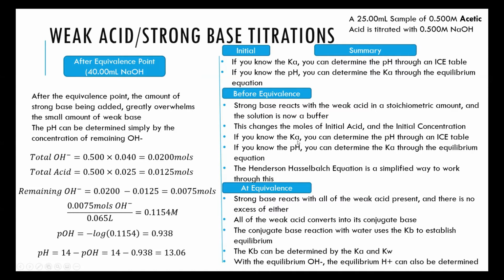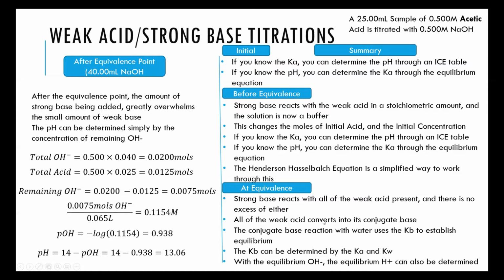So if you have the Ka, you could solve for the pH using that ice table and these new concentrations. Or if you have the pH, you could do the same thing and solve for the Ka. You can also use the Henderson-Hasselbalch equation as a more simplified way to work through this, where the pH is equal to the pKa plus the log of the concentration of base over the concentration of acid.